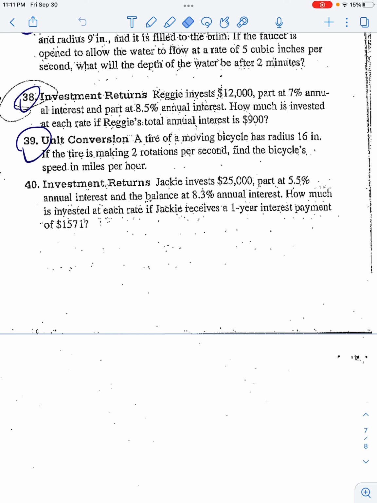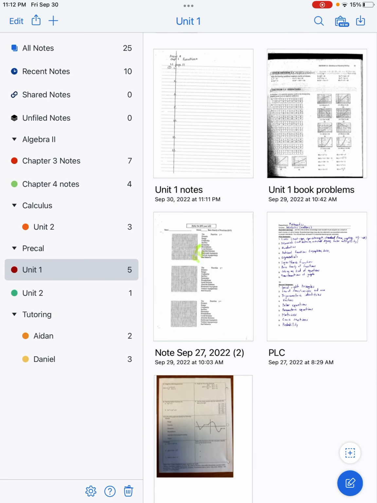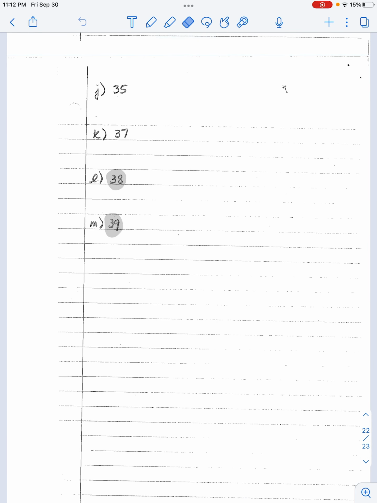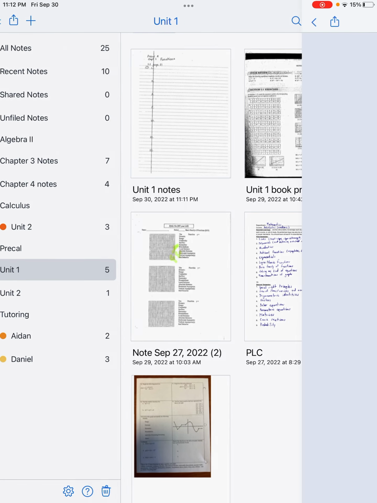Let me take a picture of this. All right, so going back to the Unit 1 notes, number 38. He invests $12,000, part at 7% interest. What are they asking in this problem?